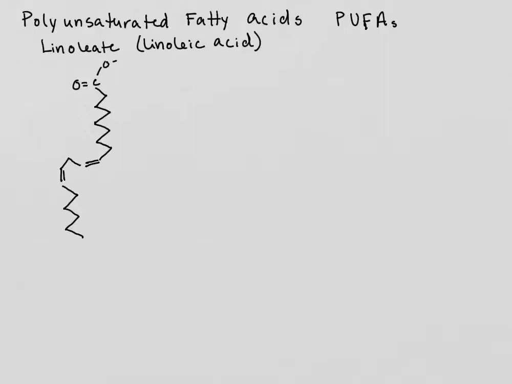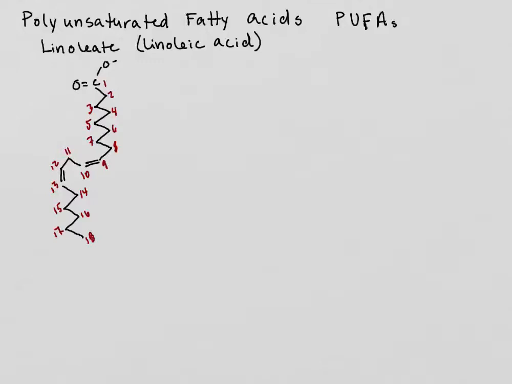So once again, if we count through the carbons, 1, 2, 3, 4, 5, 6, 7, 8, and once again, double bond between carbons 9 and 10, 11, 12, 13, 14, 15, 16, 17, and 18.